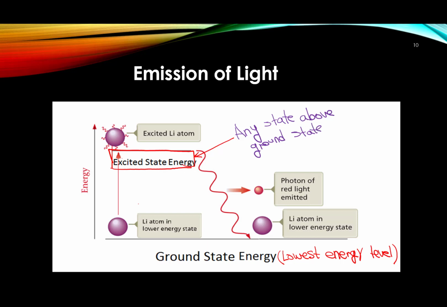The lithium atom, let me use my laser. The lithium atom right here was at its lowest energy level, which we call ground state. That's where all the atoms are happiest. Then here, the lithium atom absorbs the energy and moves from ground state to a higher state, which we call excited state.